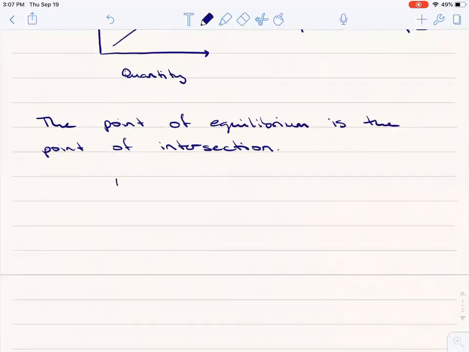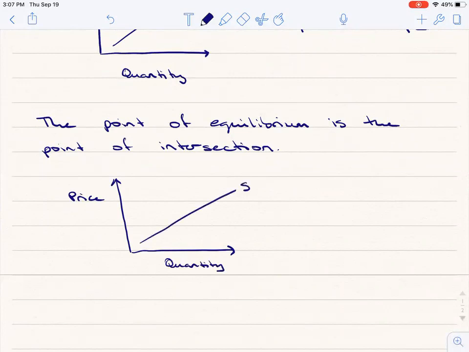So we have something that looks like this. Same idea, we've got price and quantity. We've got our supply curve, but we've also got our demand curve. This point here, do it in pink.